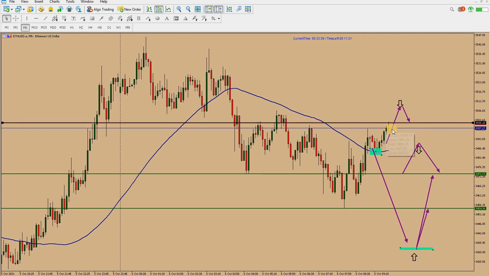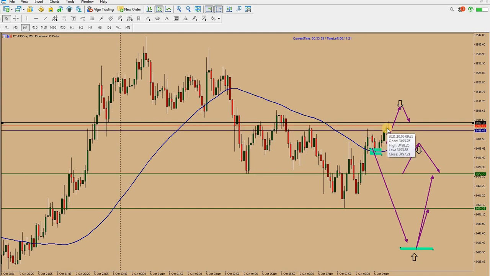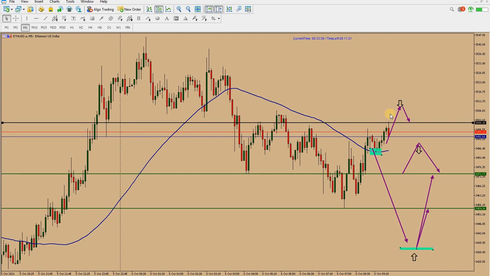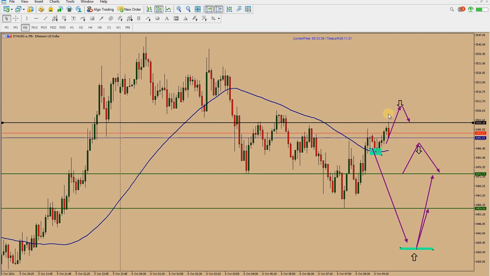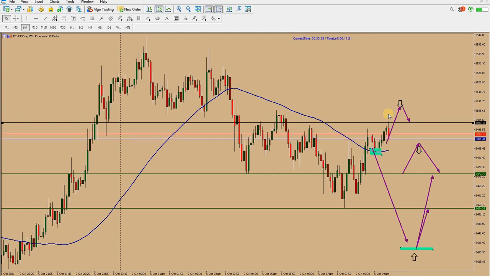But with the standard brokers that we have, if I want to enter here, most probably the market goes a couple of pips above or under, so that is the commission they take.